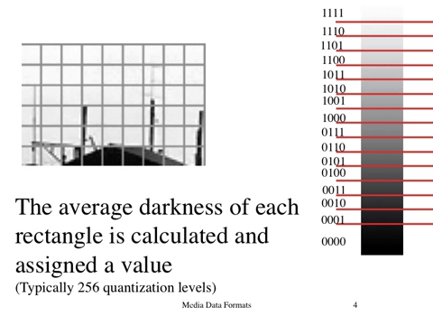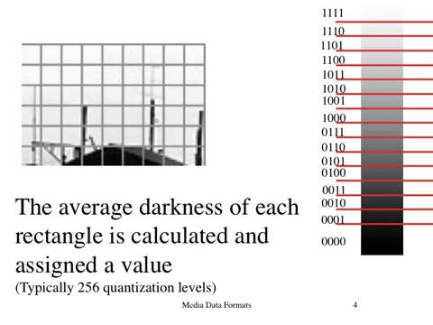Now you can see that if you have tiny squares, you get a finer result, and we call that the resolution. So the number of rectangles you have will have an impact on the resolution and how fine the image is. But in general, we go rectangle by rectangle. How light or dark is this?